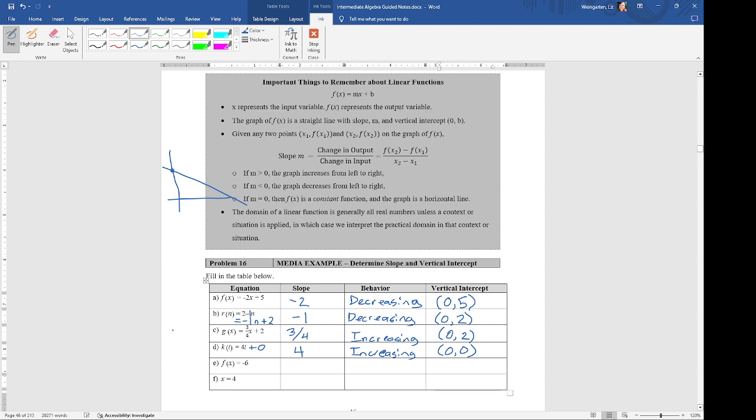F of x equals -6. There is no input. However, there's always an invisible 0 times the input. Therefore, our slope is 0.